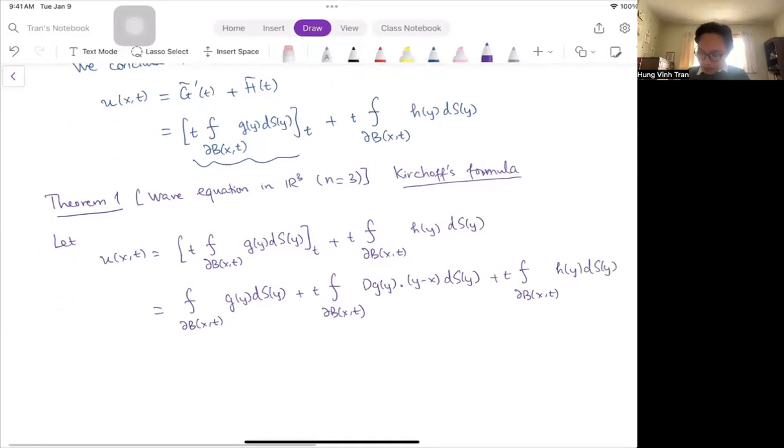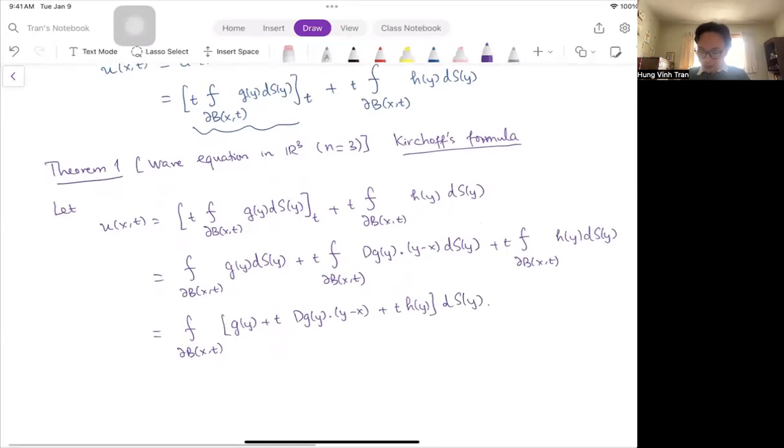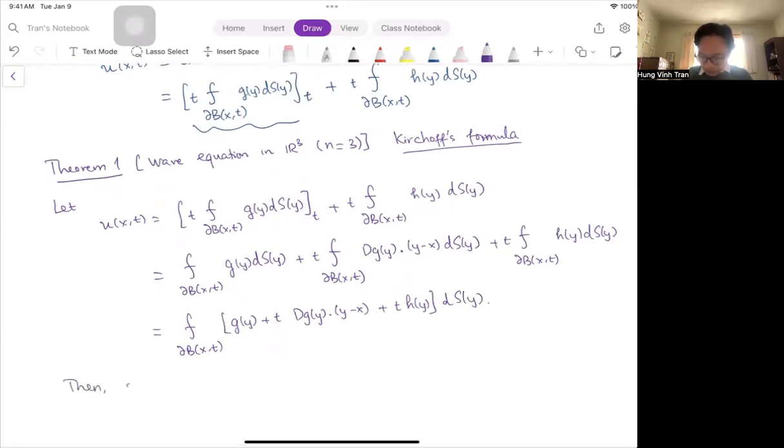Or you can just combine them together, which is the average of the integral over the sphere of center x radius t of g(y) plus t times the gradient of g(y) dot with (y minus x) plus t times h(y) dS(y). So let u(x,t) be this, then you solve the wave equation. Okay, so that's the theorem for three dimensions.